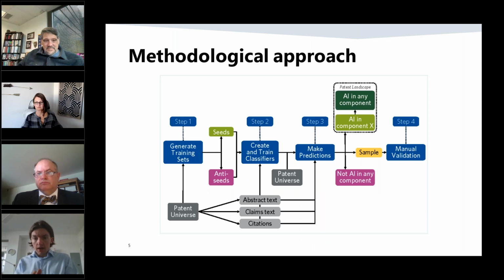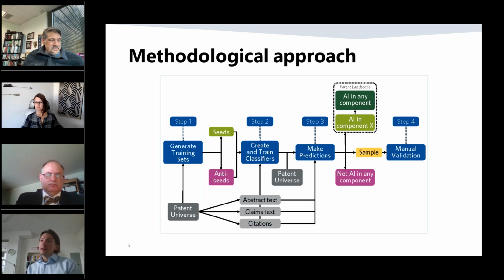So this is a project about landscaping patent documents, and we're going to use machine learning and natural language processing to do that. I think a lot of people in this webinar probably know exactly what I mean when I say that. But just to be clear, we're building a system. It's a machine learning system, and what it does is look at a set of labeled examples.